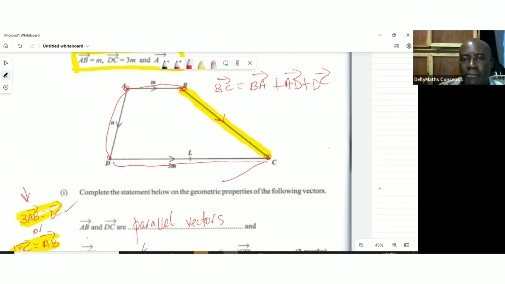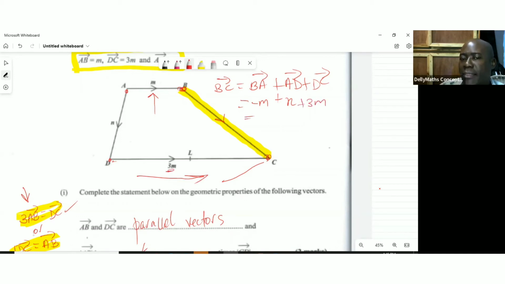All we have to do is put together the ideas for these vectors, and remember, the directions are very important. I'm going BA, but we have AB, because this arrow is going for AB. Because I'm going in the opposite direction, it's the inverse, so it's negative M. From A to D, I follow the same direction, so it's N. From D to C, I go in the same direction, so it's 3M.